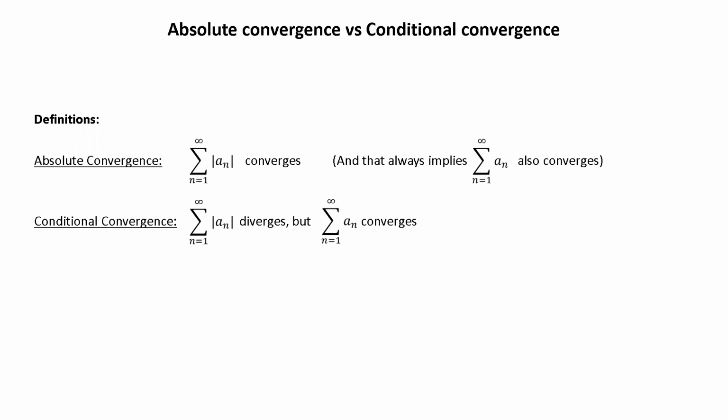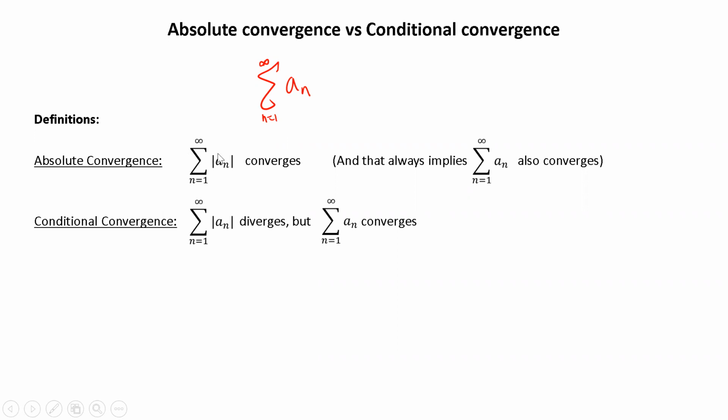Absolute convergence means that if I have a series, the sum of a_n, where this a_n can sometimes be positive, sometimes negative, and I don't give any restriction on that, and you take the absolute value of the individual terms and sum them up to infinity, and it gives you a finite limit, then this is known as a series of absolute convergence.